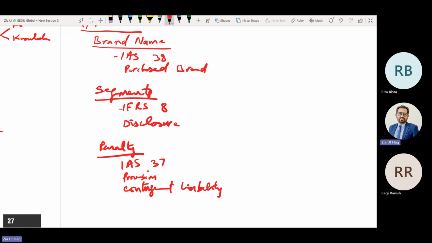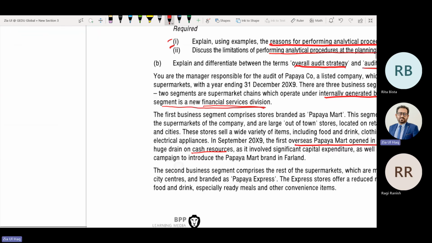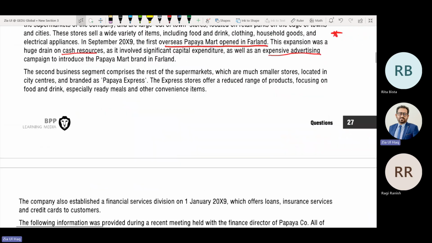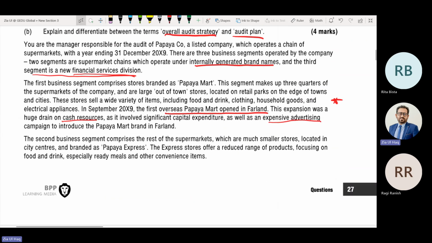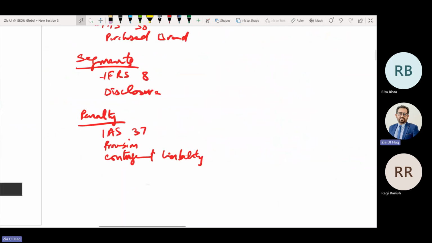So for IAS 37, what is the company facing, a claim or what notice? For IAS 37, if this notice from a government body is meeting the 3 conditions of provision, i.e. obligation, probability of outflow, as well as amounts can be measured reliably, then there must be a provision in the financial statements.